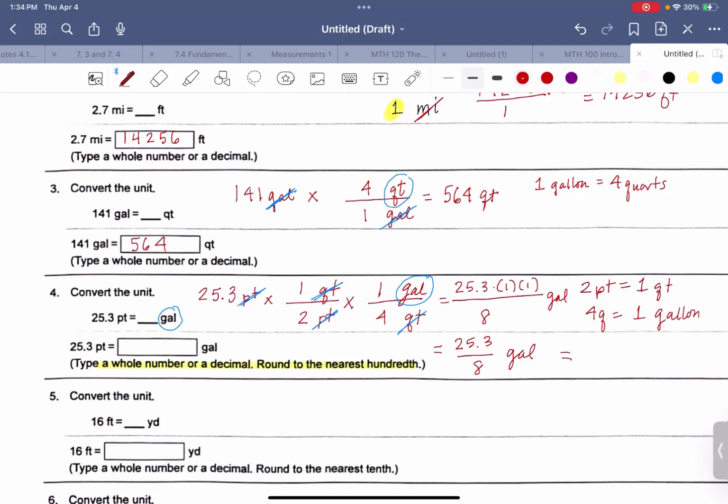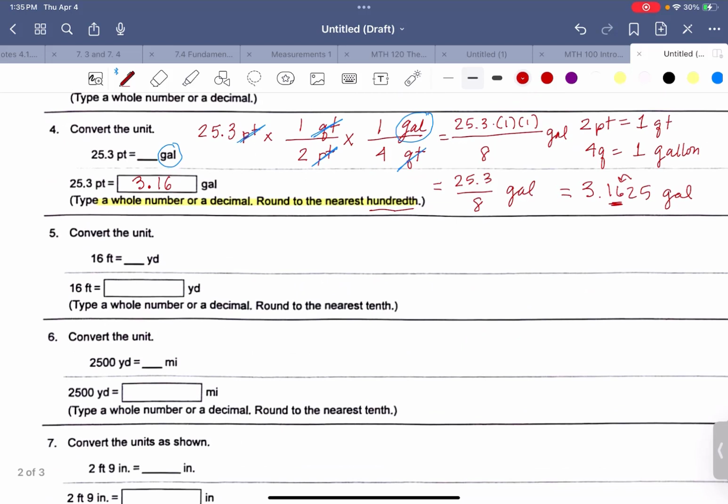So I take my 25.3 and divide that by 8, and that gives me 3.1625 gallons. But they asked me for hundredths. That's 2 places. This 2 means that the 6 will stay. So it's 3.16 gallons.